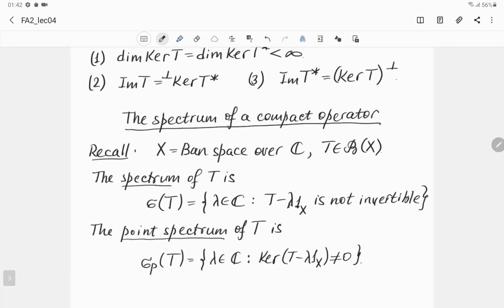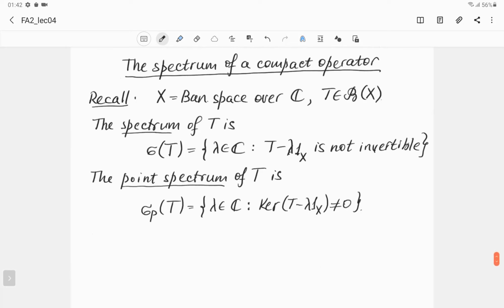The elements of the point spectrum are called eigenvalues of our operator. So clearly the point spectrum is contained in the spectrum, and it follows from elementary linear algebra that in the finite dimensional case, the spectrum and the point spectrum are the same. But on the other hand, there are many natural examples which show that if X is infinite dimensional, then generally the point spectrum can be strictly smaller than the spectrum.